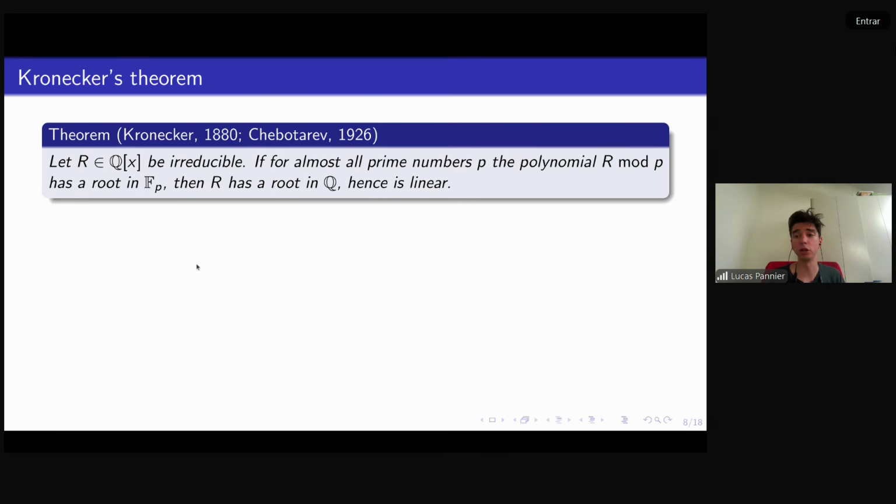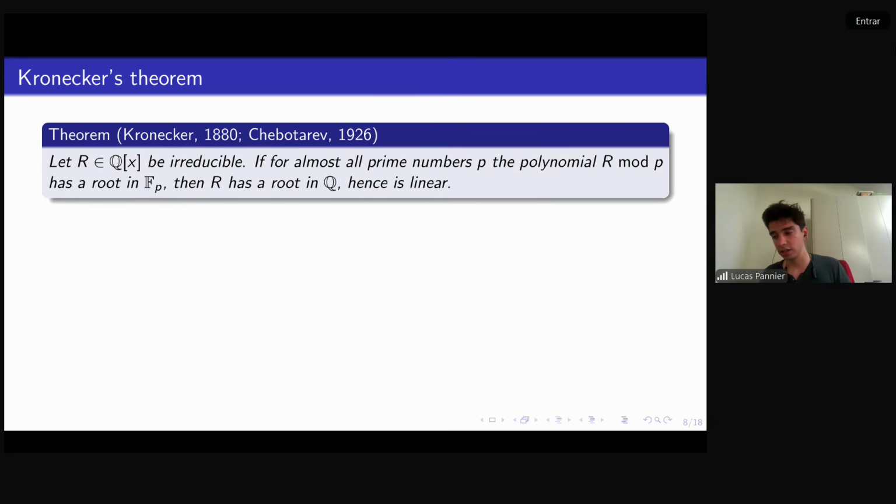This local-global statement was actually known by Honda. It is called Kronecker's theorem, and its polynomial statement is that if we consider an irreducible polynomial R, and this polynomial has a root in Fp for almost all prime numbers, then it has a root in Q and it is linear.